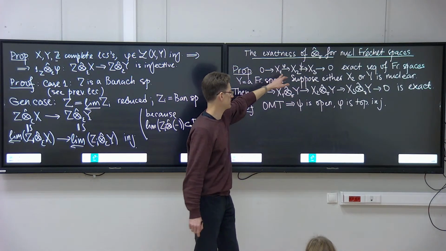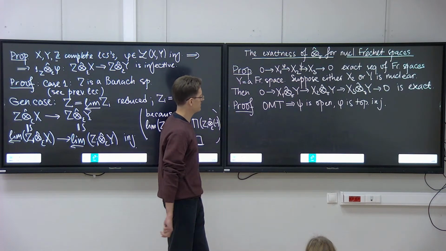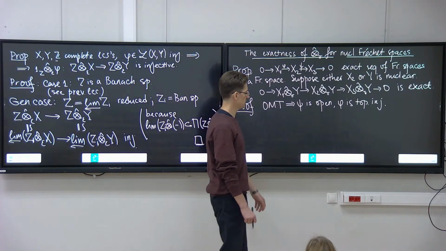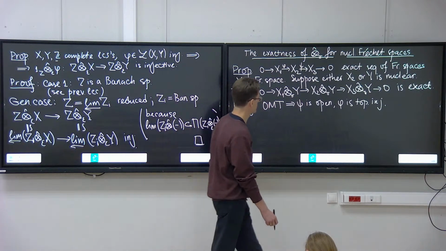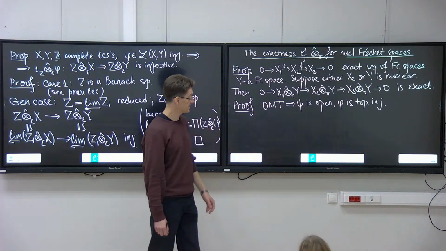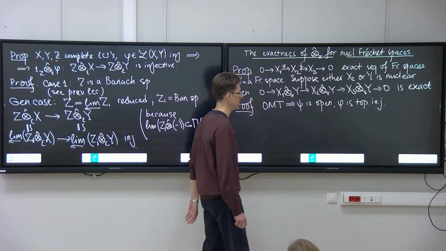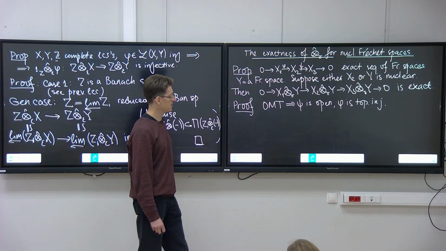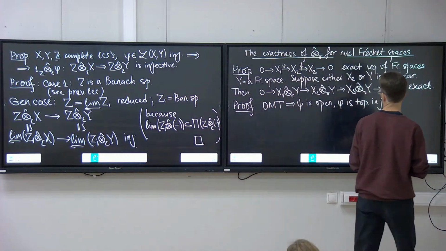The range of phi is equal to the kernel of psi, which is closed. So phi is an injective map with closed range, and so it is topologically injective, again by the open mapping theorem. So in particular, X1 is isomorphic to a subspace of X2, and X3 is isomorphic to a quotient. And we know that subspaces of nuclear spaces and quotients of nuclear spaces are also nuclear.